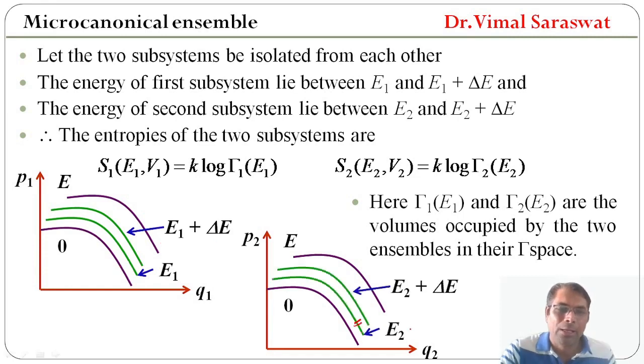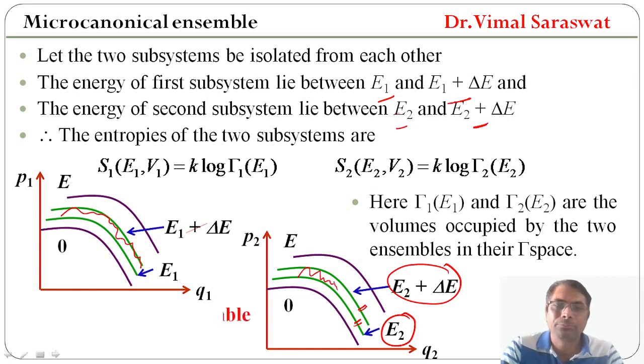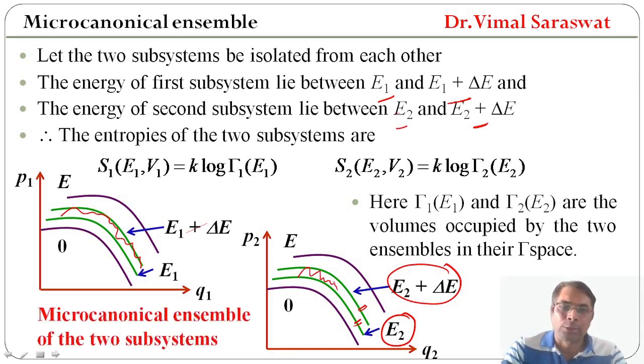This is the surface corresponding to energy E2 and this is the surface corresponding to energy E2 plus delta E. So we consider two subsystems: the first subsystem lying between energy E1 and E1 plus delta E, and the second subsystem lying between energy E2 and E2 plus delta E. These two diagrams represent the microcanonical ensembles of the two subsystems.